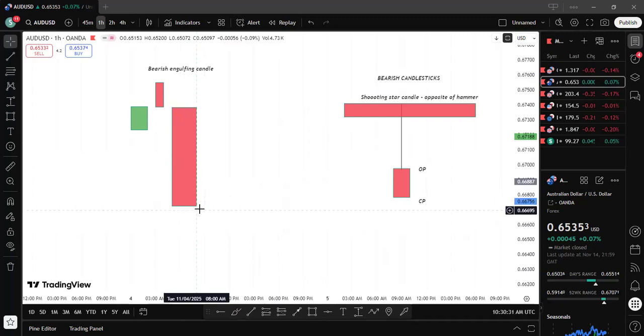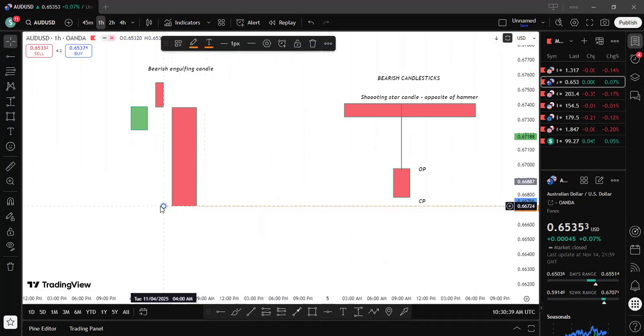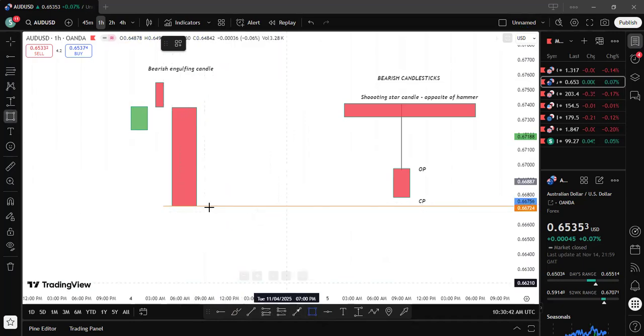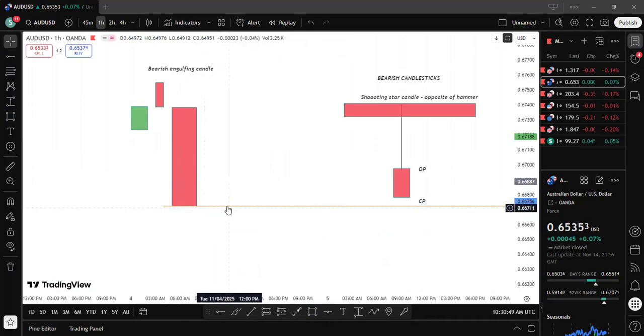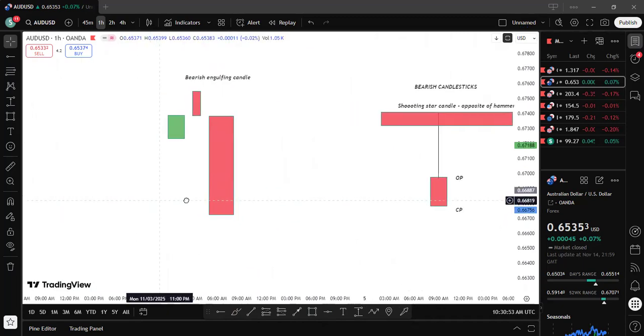If it's a good setup, you look for an entry at this point, the closing price. The next candle that will form at this point, I will just enter the trade at this particular point. So that's what we call a bearish engulfing candle.